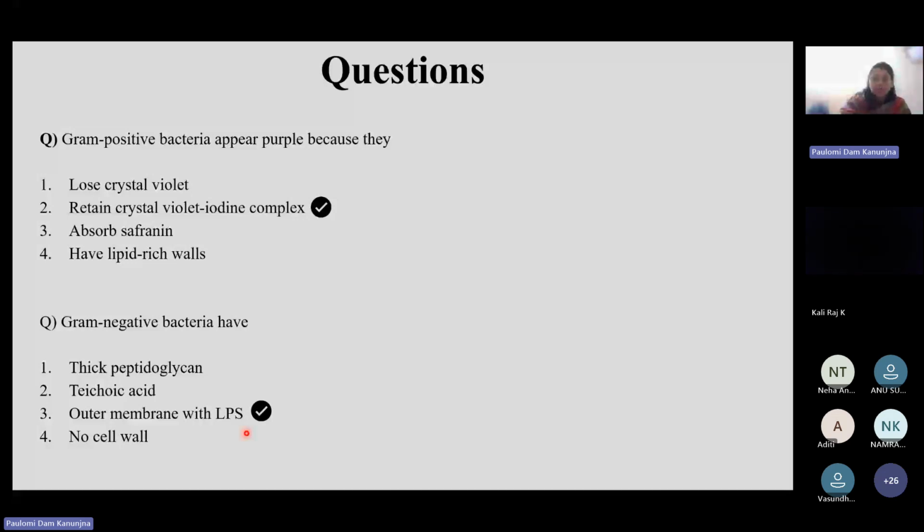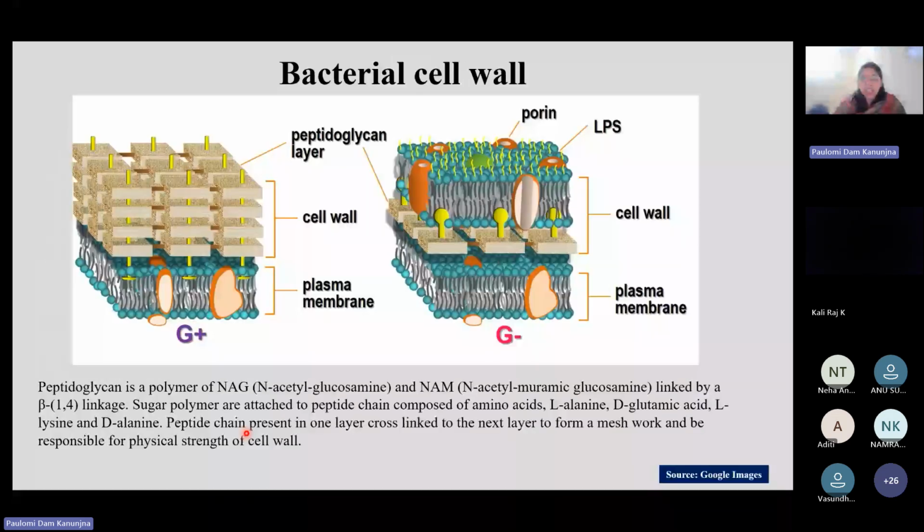Let me first explain what it means. This is how a bacterial cell wall looks. This is G plus, meaning gram-positive, and this is G minus, meaning gram-negative. Now if you see, they have a plasma membrane, and I told you they have a plasma membrane and a cell wall. So you have a thick cell wall.